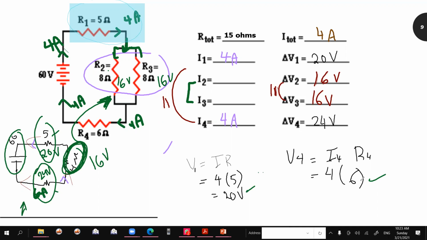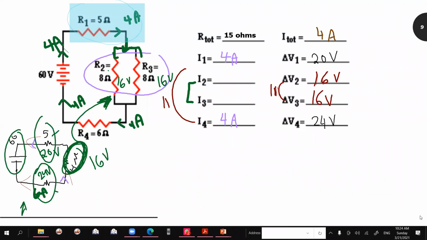To find them, we have V, we have R, we come back to Ohm's law. I2 will be V2 over R2, and I3 will be V3 over R3.